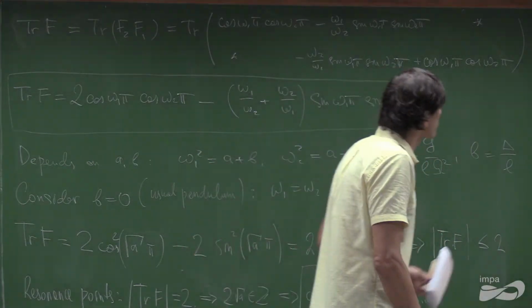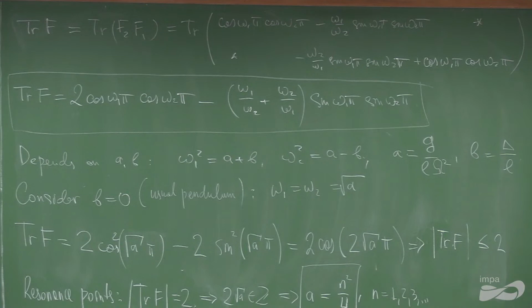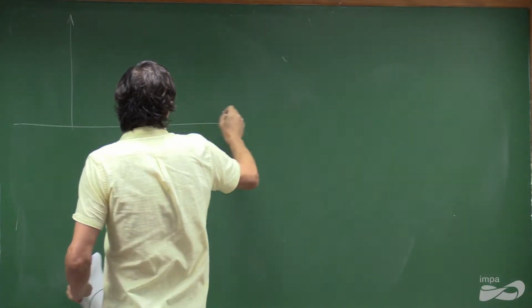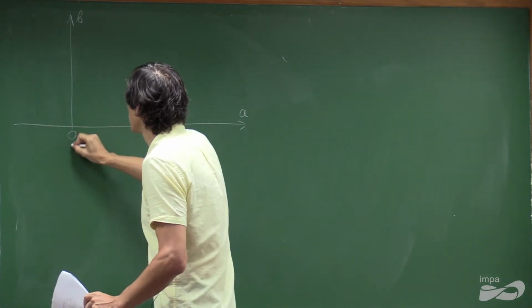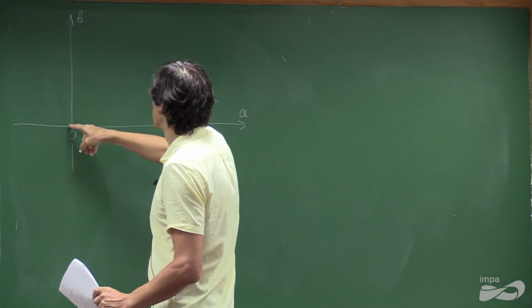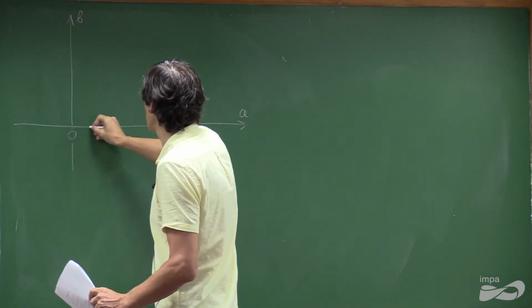And what does this mean? It means that whenever you consider the plane of the parameters, where we put parameter A here and parameter B here, on the line B equals 0 there are special points.